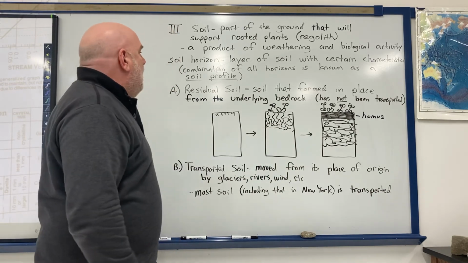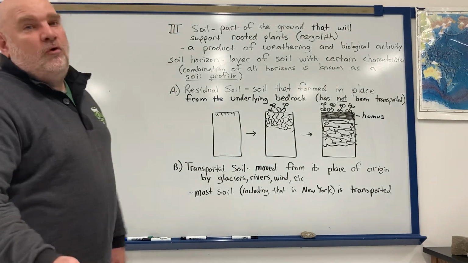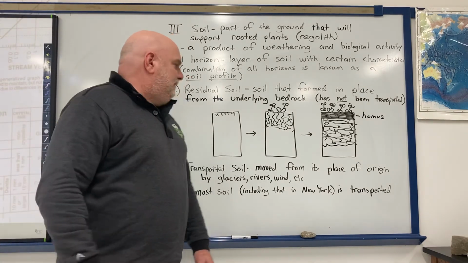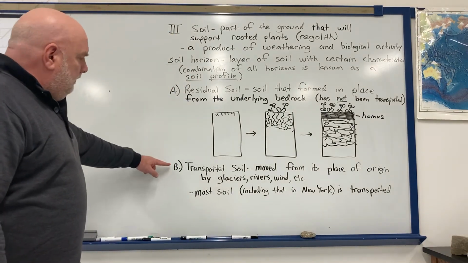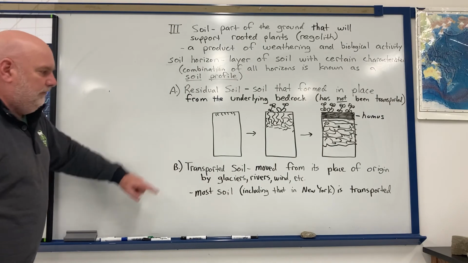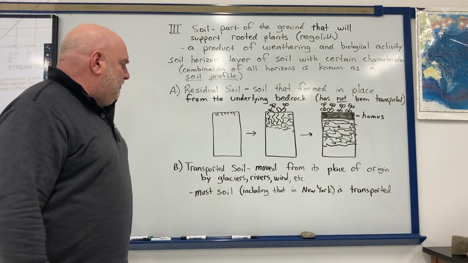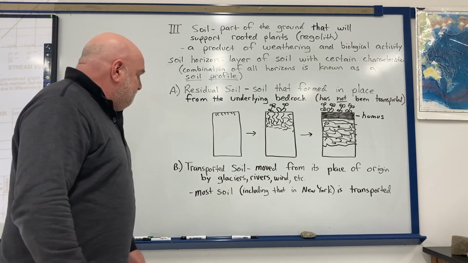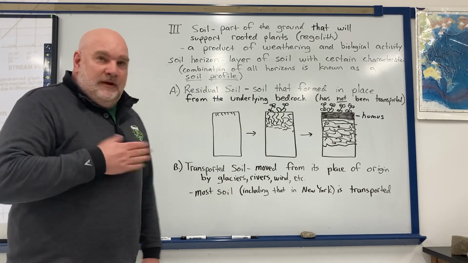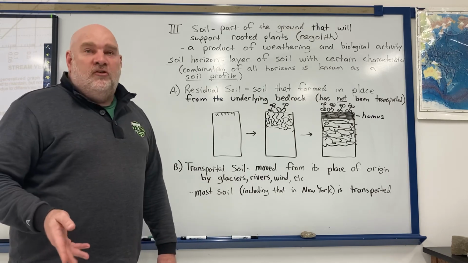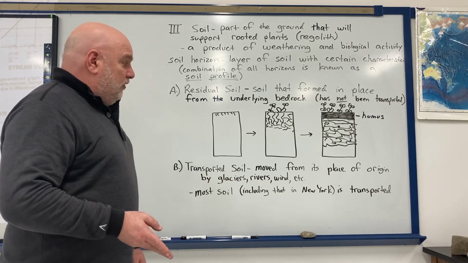All right. Now, most soil is not residual soil though. Most soil is what we call transported soil. Transported soil is soil that moved from its place of origin by glaciers, rivers, winds, etc. So in New York State, most of the soil we have here is a transported soil.